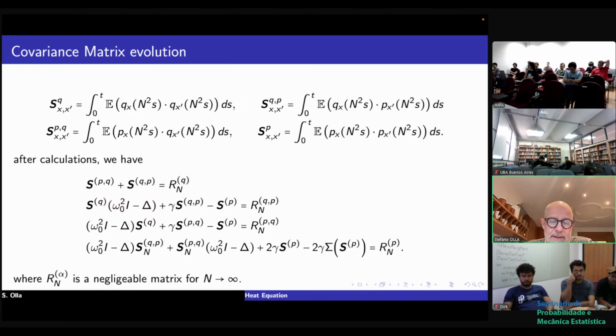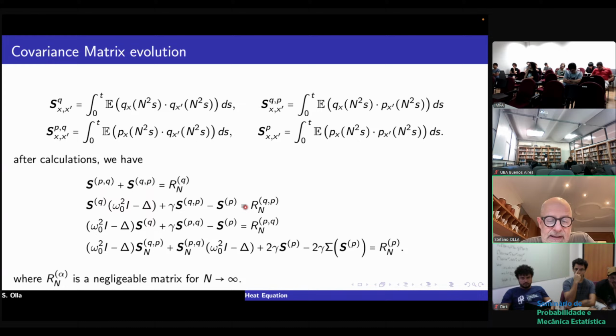You put them in the equation, and since you integrate in time, you get a relation over these quantities. This is because you study time derivatives of certain quantities, and there is n square, so when you divide by n square, you get some small terms here, I'll call them R n QQ, R n PQ, PP, and so on.